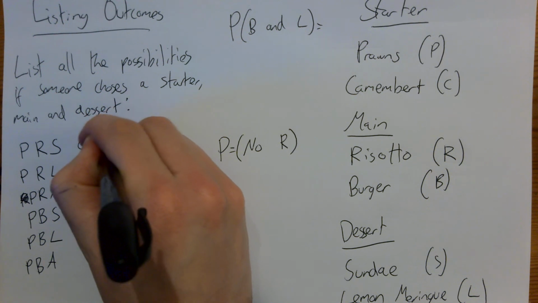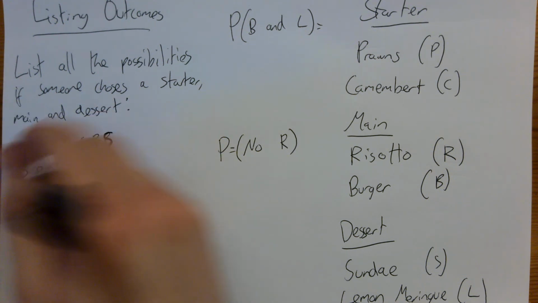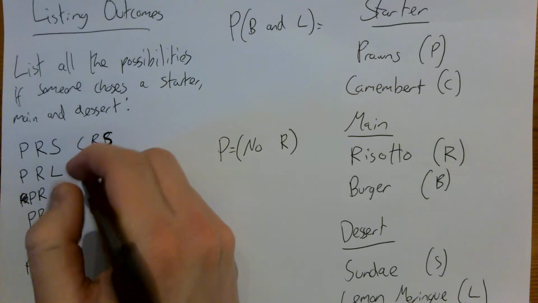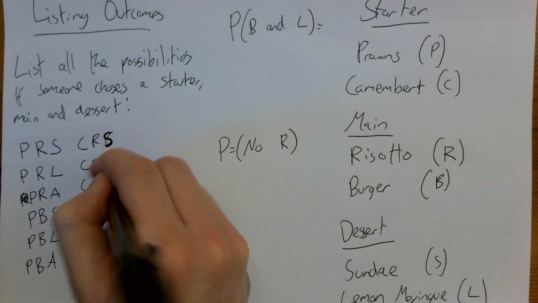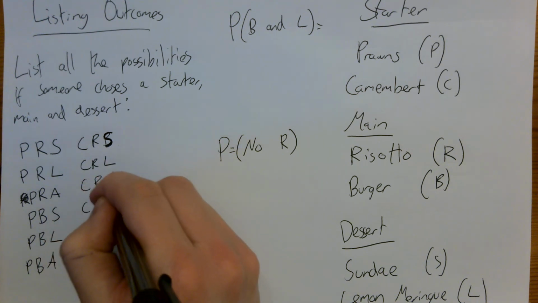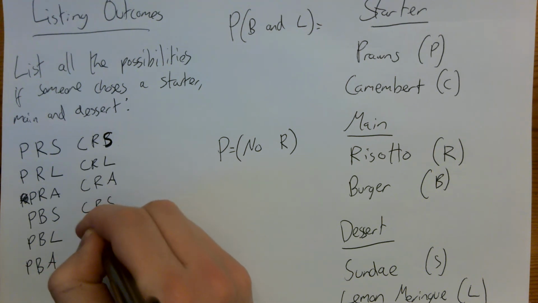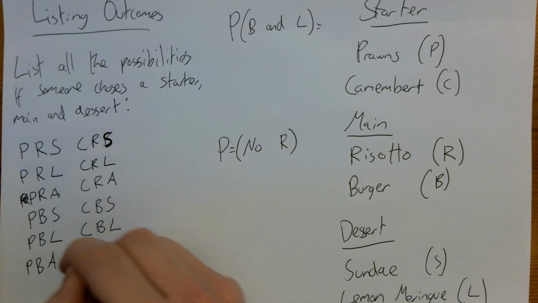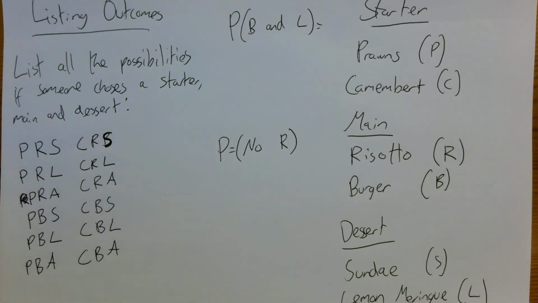Sorry, check carefully. Camembert, risotto, lemon meringue, or camembert, risotto, apple crumble, or camembert, burger, sundae, or camembert, burger, lemon meringue, or camembert, burger, apple crumble. So that's all of the different possibilities they could have had.